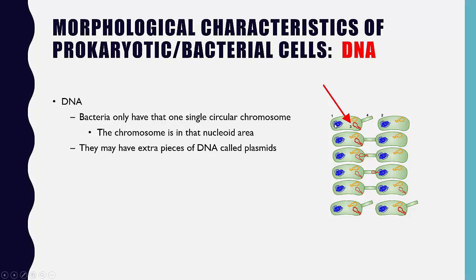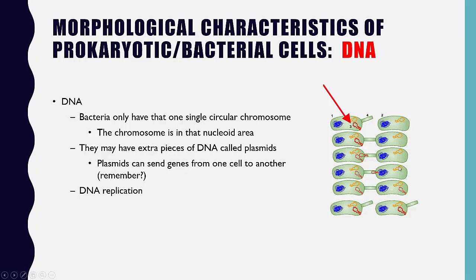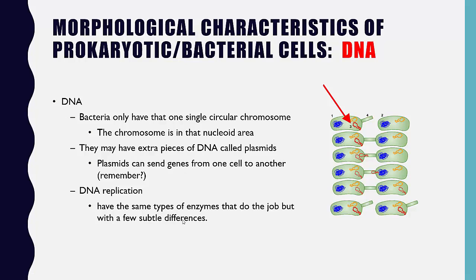All right. And again, there might be extra pieces of DNA called plasmids. That's what the arrow is supposed to point at. And again, plasmids can send genes from one bacterial cell to the next. You remember that, of course. When it comes to DNA replication, they have pretty similar enzymes that our cells have.